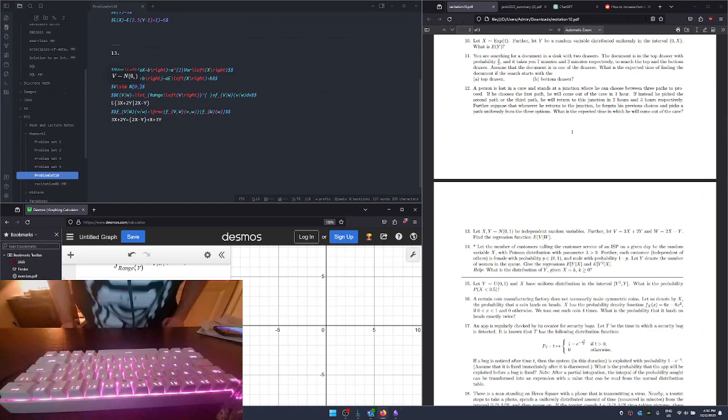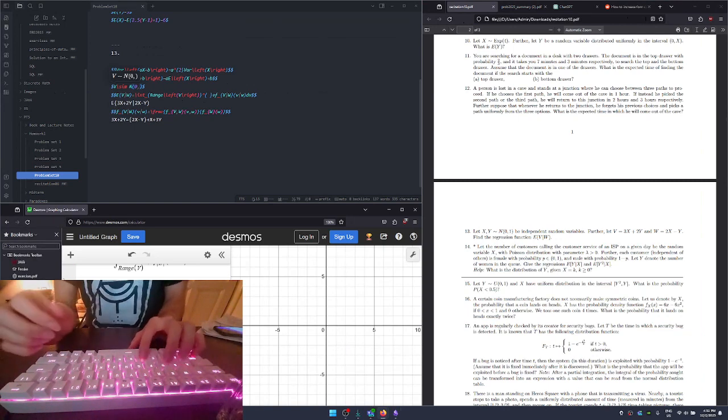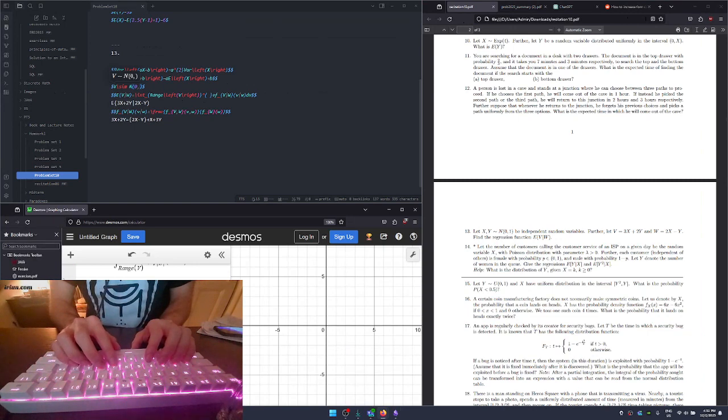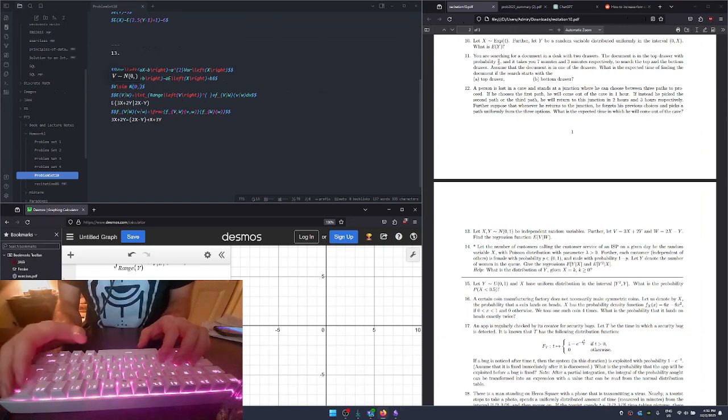So this is just 9 times the variance of x plus 4 times the variance of y, plus the covariance of those two, but we don't care about that.